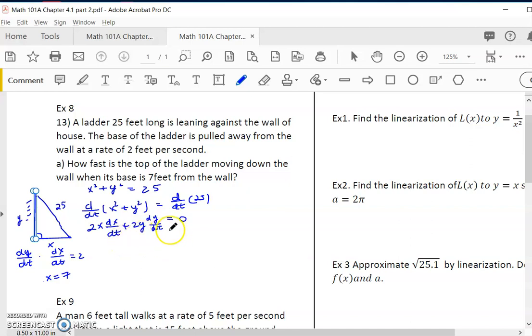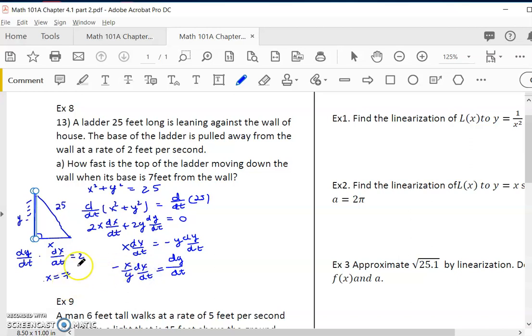So we related both of them, and we can move things around and say x dx/dt is equal to negative y dy/dt. We need dy/dt, so we'll say dy/dt is negative x over y times dx/dt.